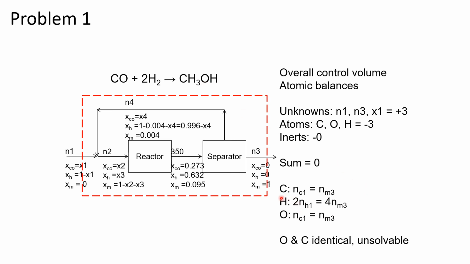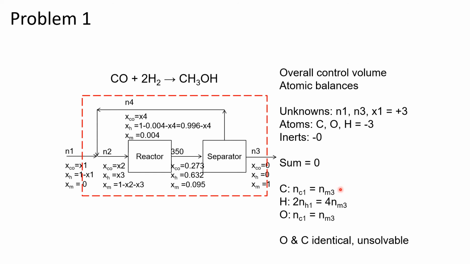To do that, let's do a carbon balance. We agreed that we're going to be doing atomic balances for the overall control volume as well as the reactor control volume. So we're going to count the number of atoms of carbon that enter and set it equal to the number that exit. There's only one stream that enters, that's the stream over here, and there's only one species in the stream that contains carbon, and that's the CO. So if we know the number of moles of carbon monoxide that enter, that's what this NC1 is going to represent here, and we multiply that by 1, that's the number of moles of carbon that enter.